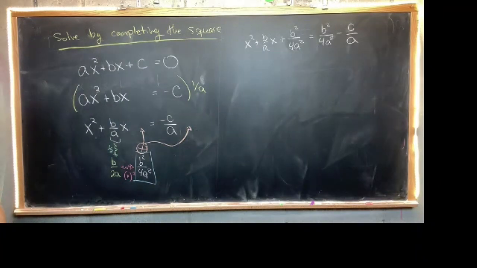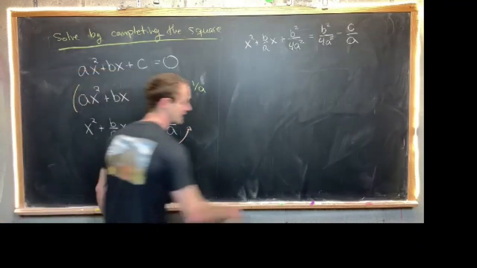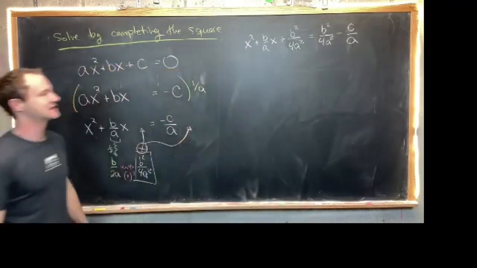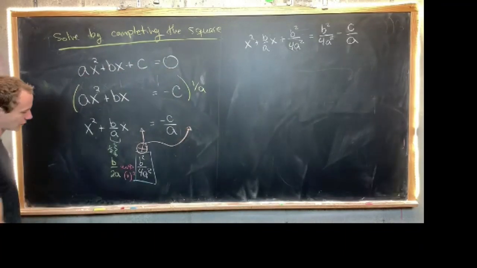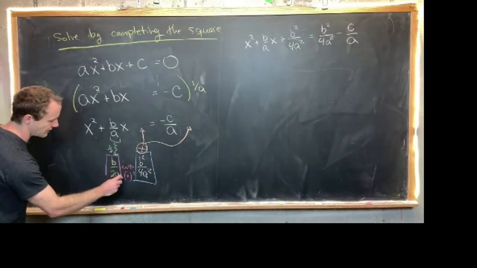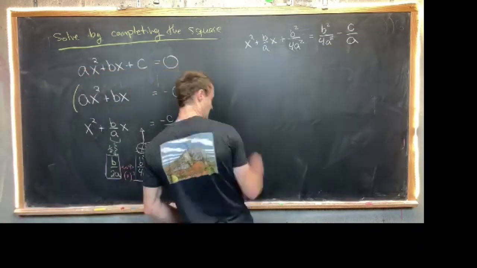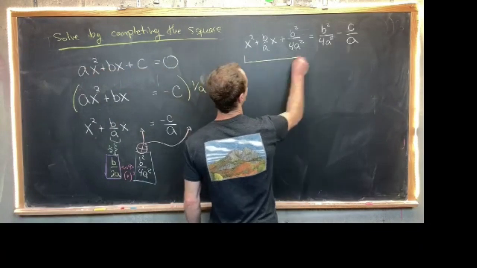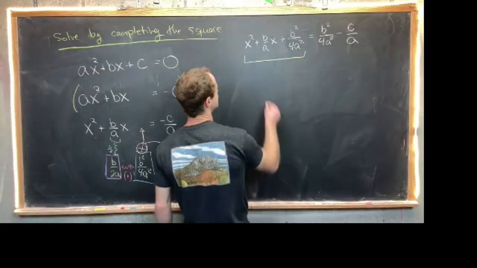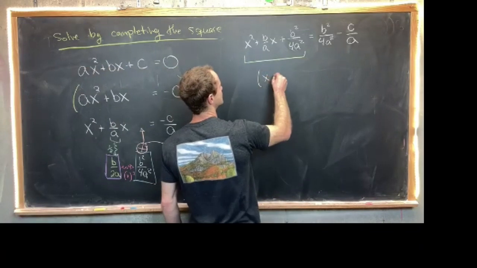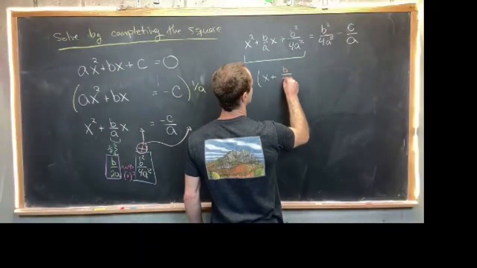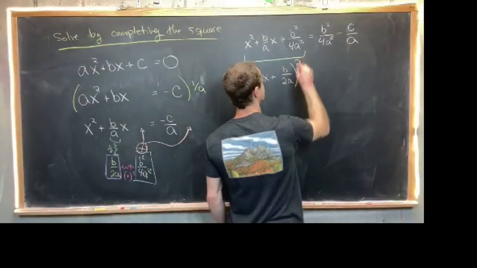Now the step after that is to factor. And the good thing here is that even though this looks heinously complicated on the left-hand side, we can recall that the factorization will always factor in terms of this thing right here. That's by the perfect square of the binomial thing that we talked about before. So the whole left-hand side of the equation is going to factor like x plus b over 2a quantity squared.